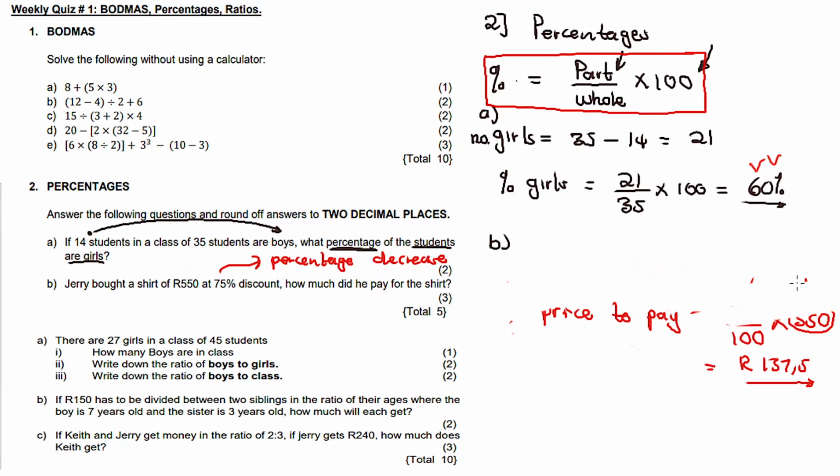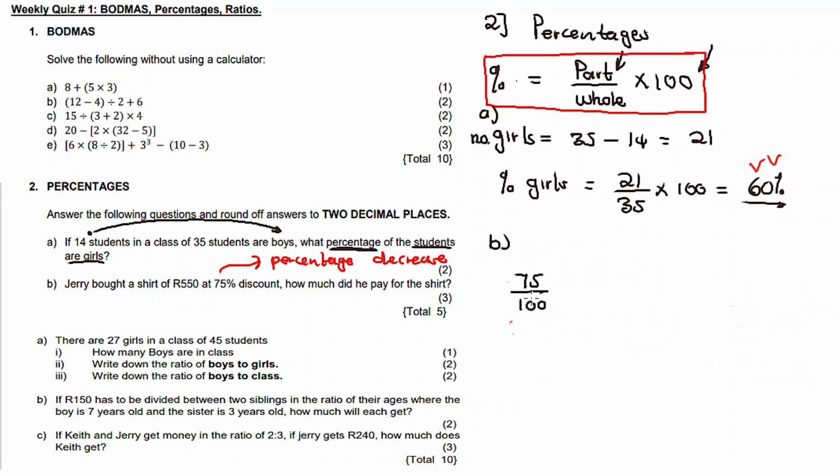All right, I promised you there's two ways of doing this. This is one way of doing it. Another way would be to take the actual 75%. So you're going to say 75% divided by 100, multiplied by the 550.